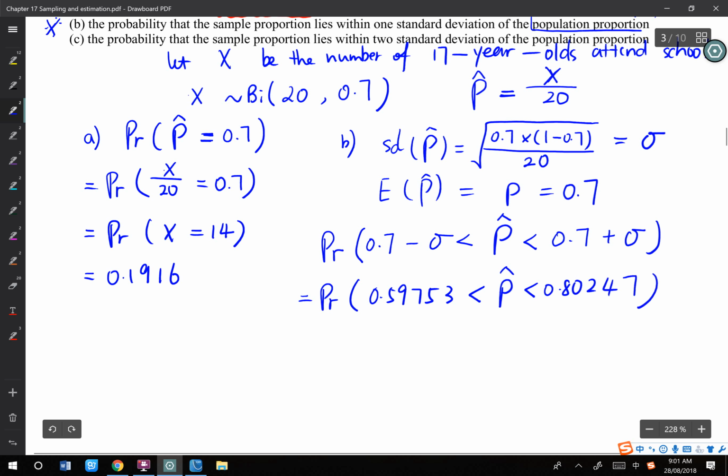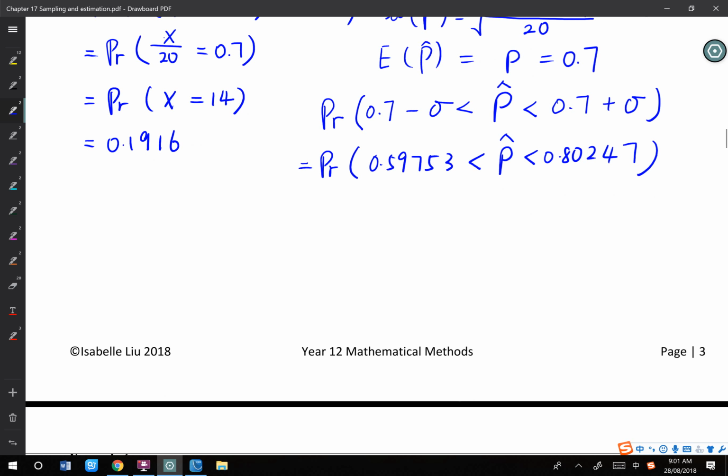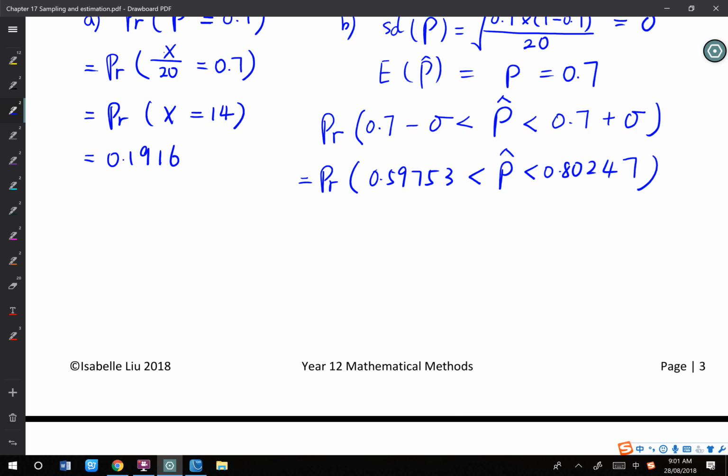So I want to calculate the probability that your p hat is in between that. What I have done is just calculate the numbers, one standard deviation minus and plus one standard deviation on the right-hand side. I want the probability that my p hat needs to be in between those values.